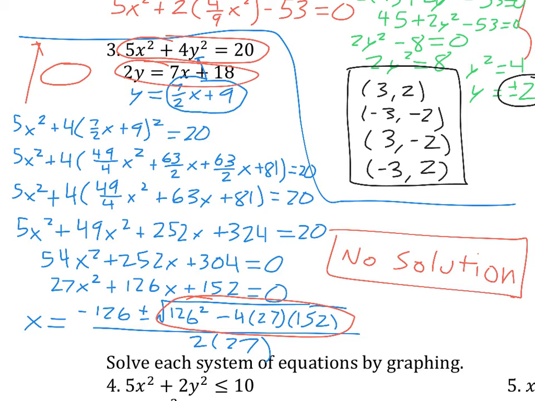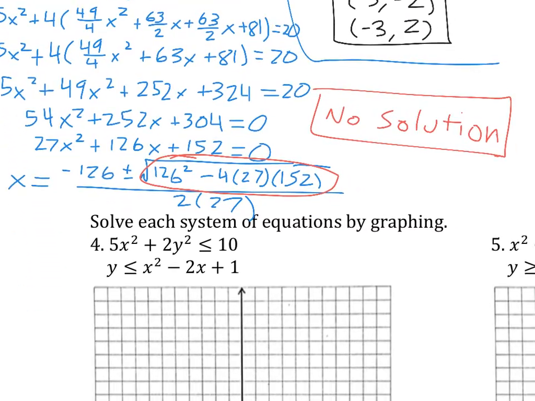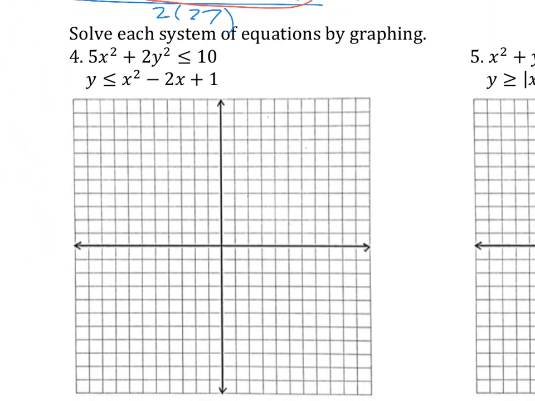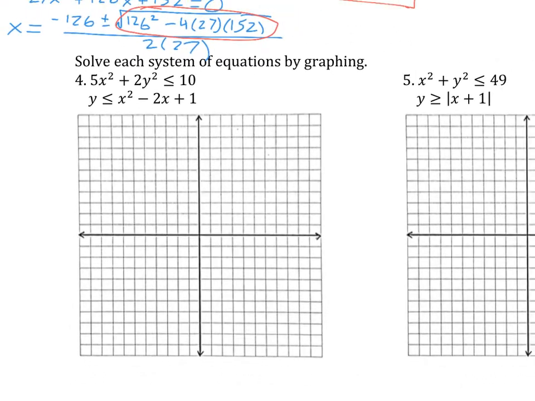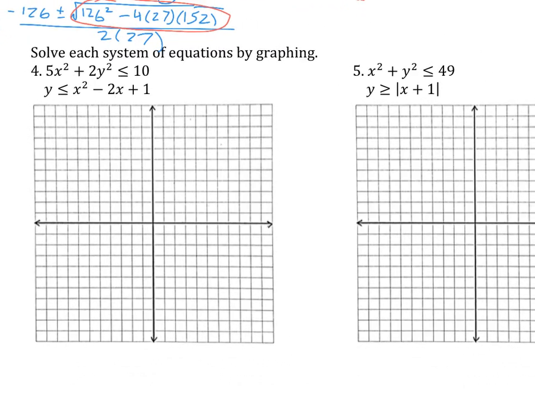Alright, so we did elimination and substitution already, and now we're going to try some graphing. Okay, for number 4, looks like we have an ellipse and a parabola. So first I'm going to put the ellipse in standard form by dividing everything by 10, because remember, ellipses have to have 1 on the other side.